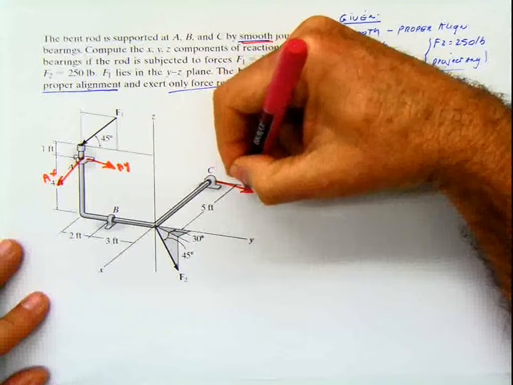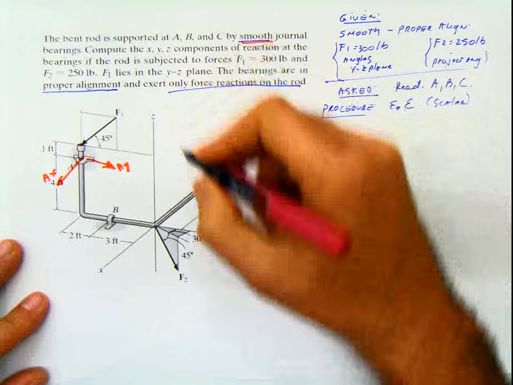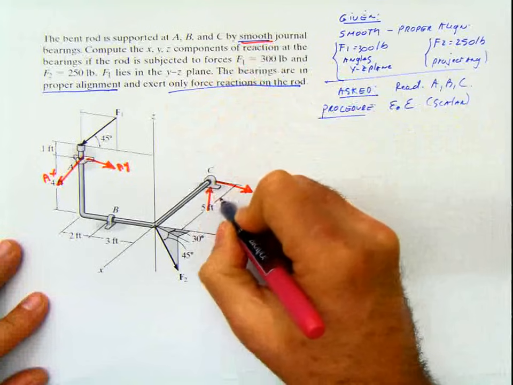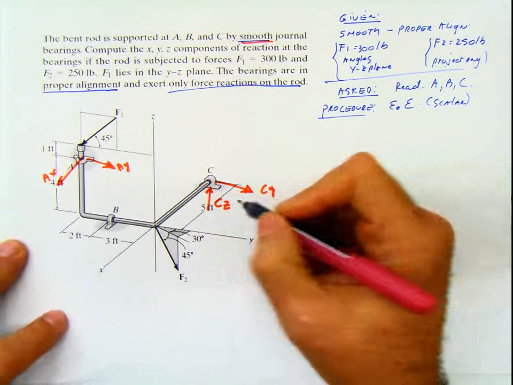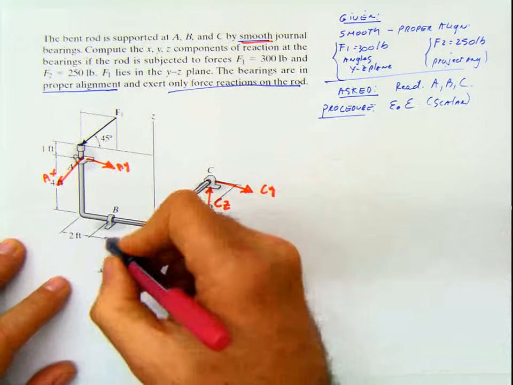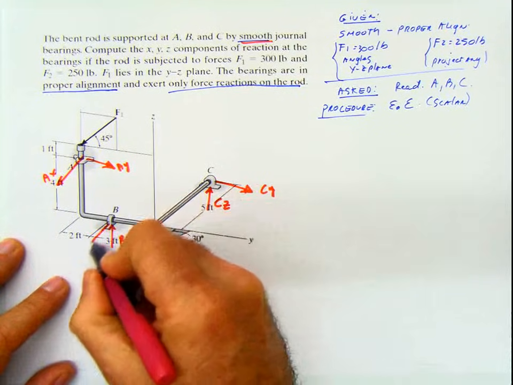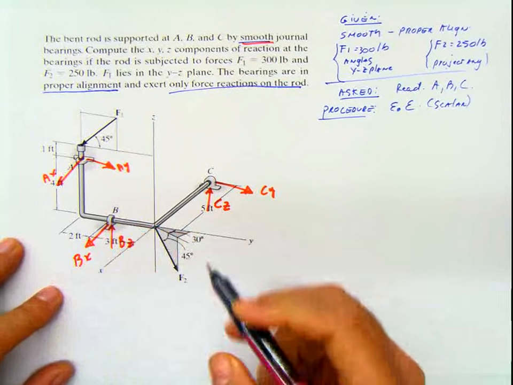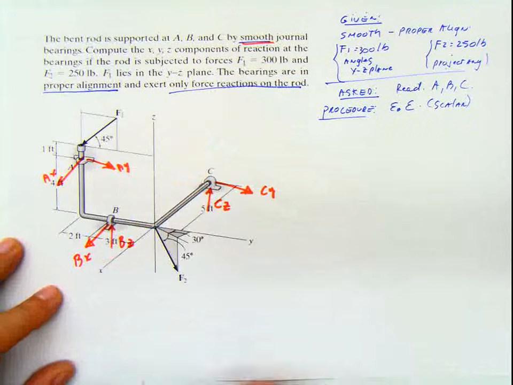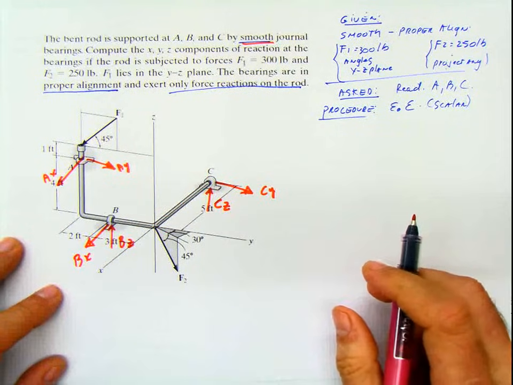I'm going to have a reaction here in this direction, CY, I'm sorry, and I'm going to have another reaction here, which is called CZ. And what else? In B, I'm going to have BZ, and I'm going to have this reaction here, BX. Those are my reactions. 1, 2, 3, 4, 5, 6 reactions, 6 equations. Yes, we can solve the problem, theoretically.